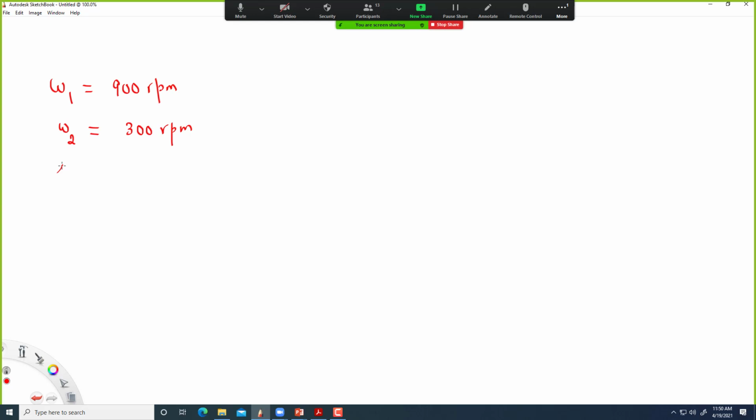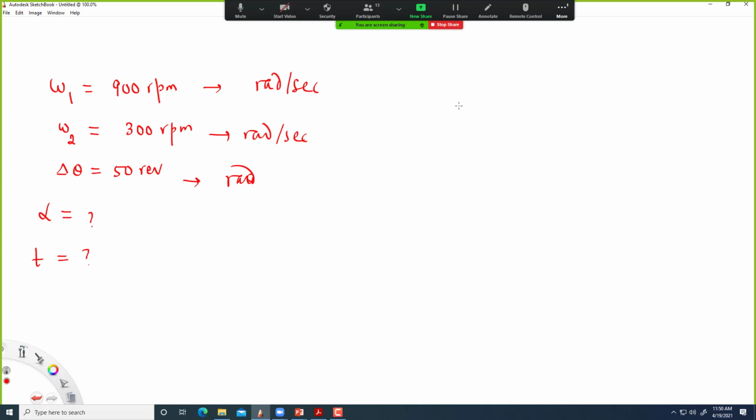So delta theta is 50 revolutions. We want to find alpha, the angular acceleration, and we want to find t. So change this to radians per second, change this to radians per second, and then change this to radians. And then find alpha.